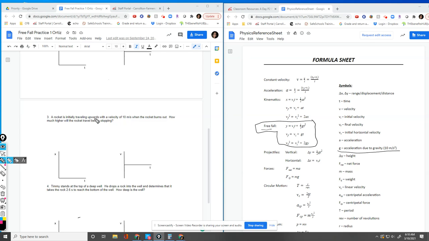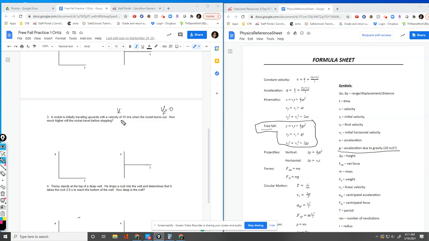It's initially traveling upwards, right? So with a velocity of 10 meters per second. So this is going to be your VI, your initial velocity. And when it burns out, it means that it is 0, right? It stops. How much higher will the rocket travel before stopping?